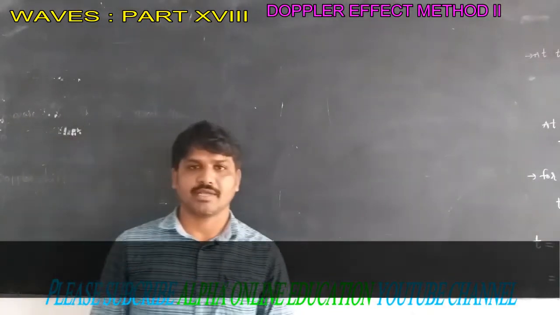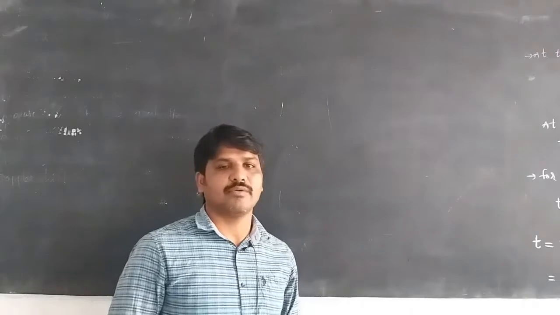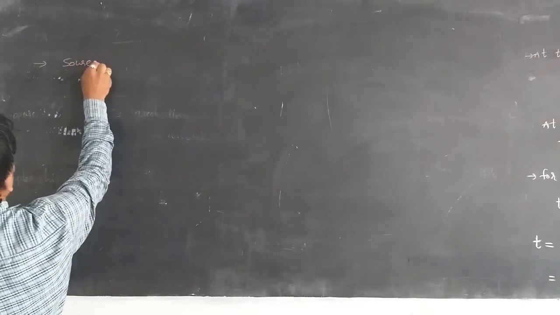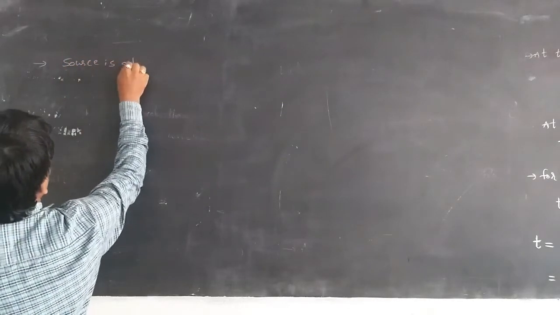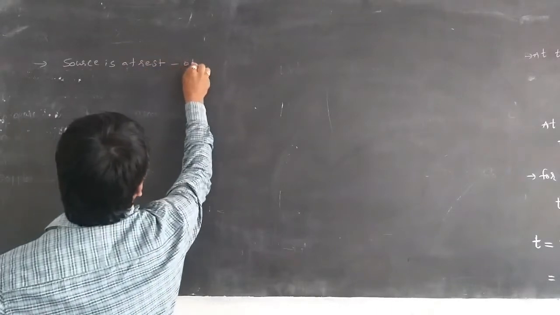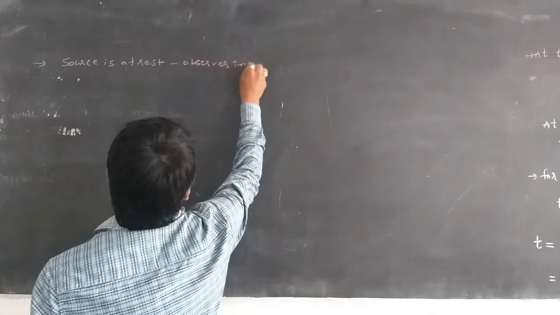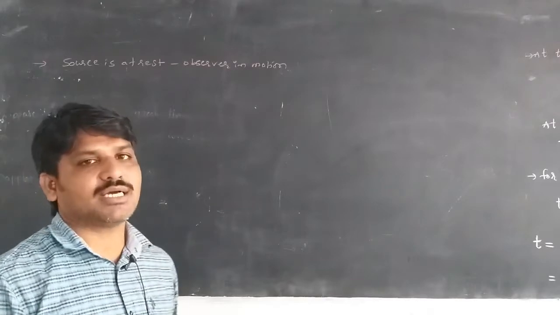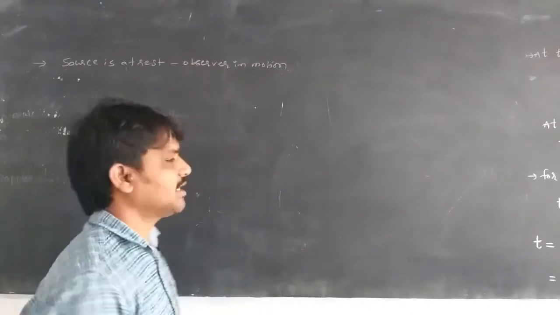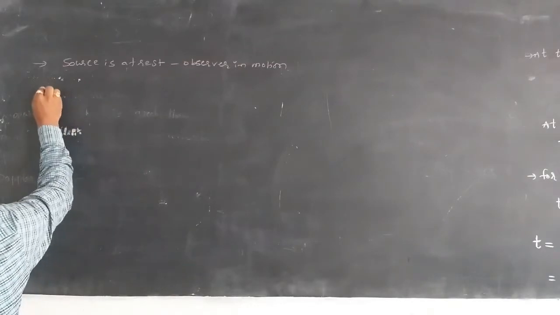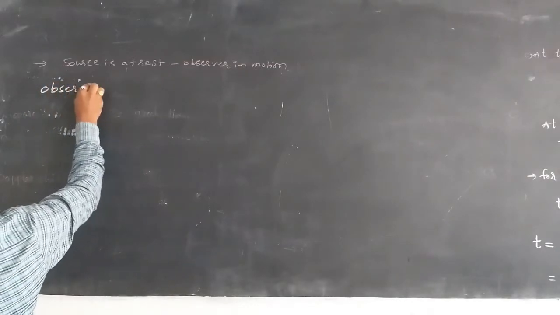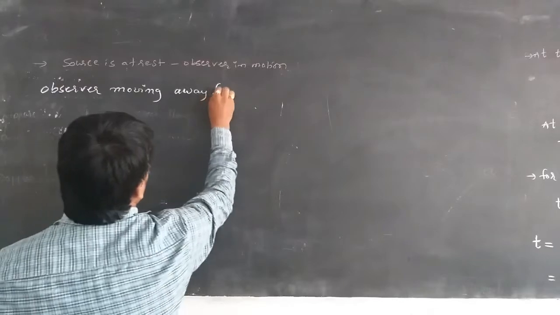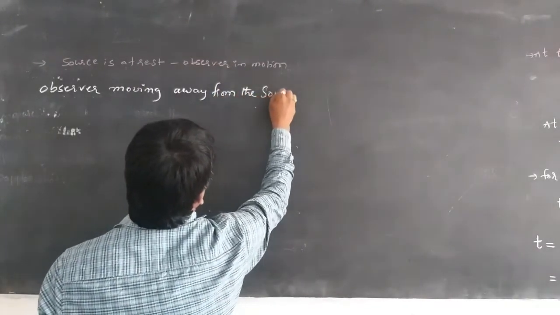If the source is at rest and the observer is in motion, we have just derived an equation. When the source is at rest and the observer is in motion, then according to the time period, we can do that when moving away from the source.